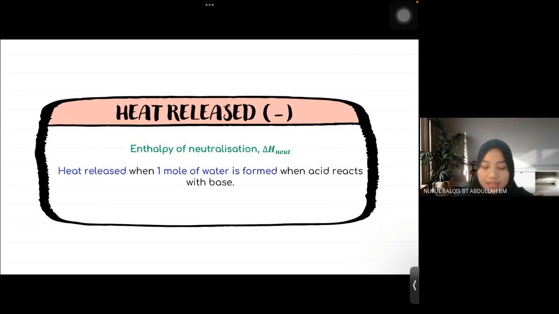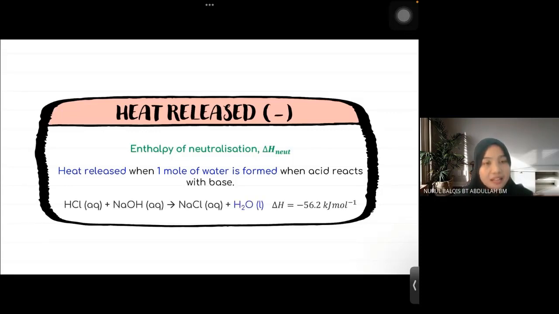Okay. So then, the next heat release involves enthalpy of neutralizations. We know neutralizations involve reactions of acid and base to form water. So heat release now indicates the negative sign. If we look at the example, we have HCl reacting with sodium hydroxide to form NaCl and water. The heat release belongs to this negative sign. And then, when 1 mole of water is formed.